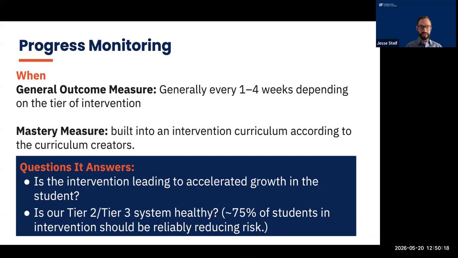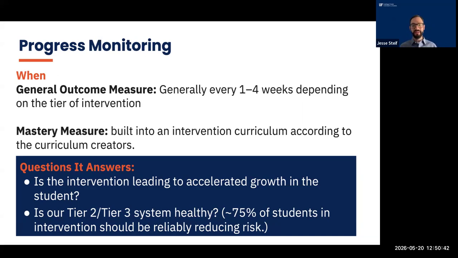Are we consistently using the right interventions? It spurs the absolutely necessary conversation from a leadership perspective of whether our tier two and tier three interventions are having the intended effect of accelerating our students back to grade level proficiency.